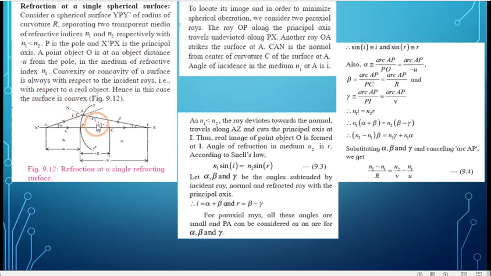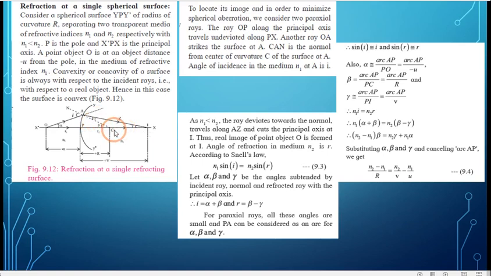Now mu1 is less than mu2. The ray deviates towards the normal and travels along AZ. Traveling along AZ, a real image is obtained at point I. This ray cuts the principal axis at this point I. The angle of refraction is angle R.